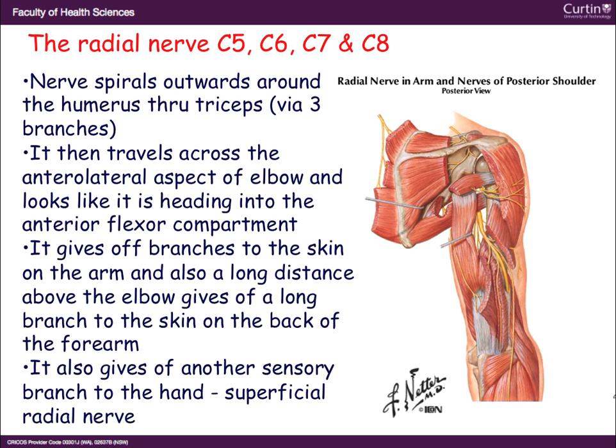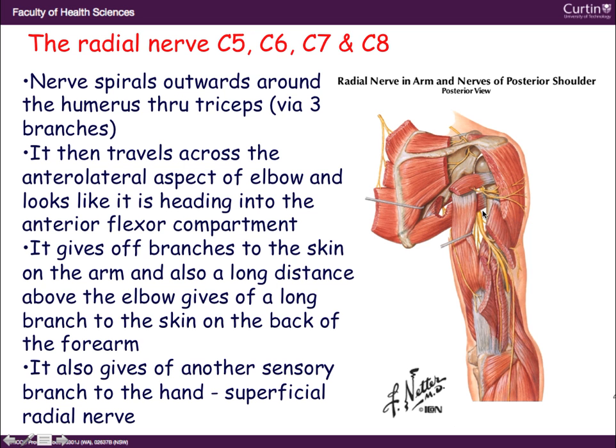And I can't remember what number the radial nerve is, but you'll see that 16, the axillary nerve, is superior to the radial nerve. And the reason is because everything the radial nerve needs to innervate is inferior to what the axillary nerve needs to innervate.